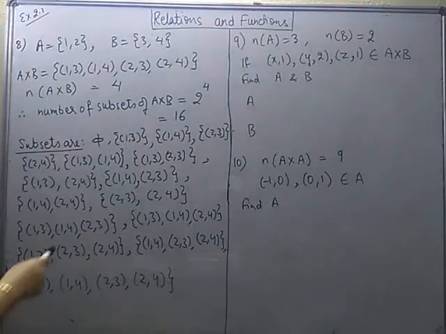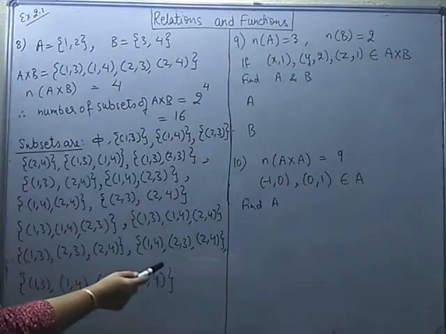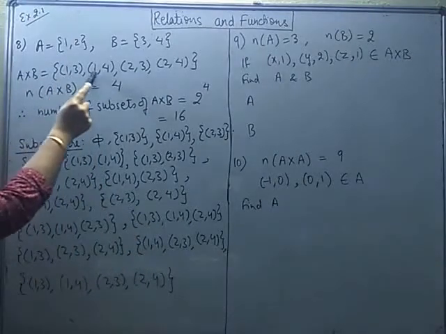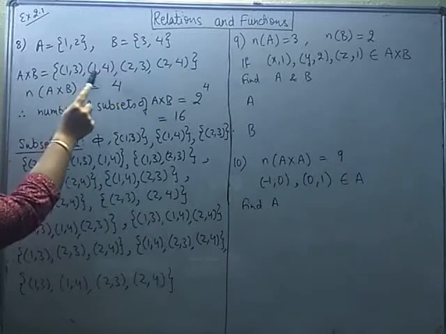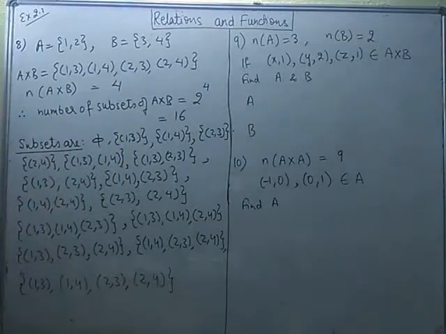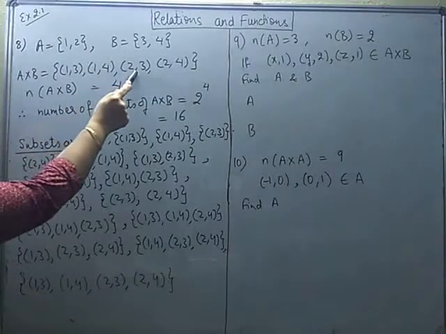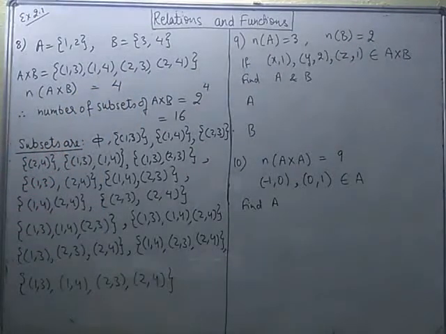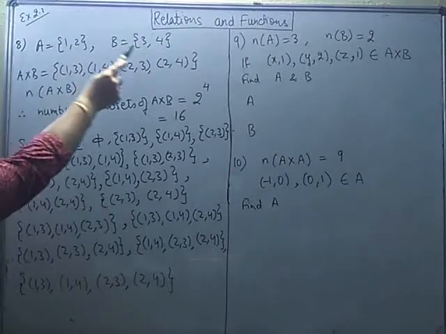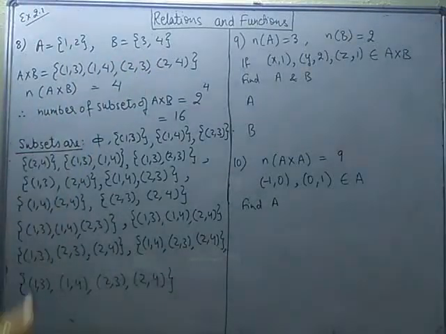See, there are 4 such possibilities. First we took 1, 3, 1, 4, 2, 3. Then we took 1, 3, 1, 4, 2, 4. So these 2 are done. And then we also took 1, 4 with 2, 3 and 2, 4. And then another one which was left out, it was 1, 3, 2, 3 and 2, 4. So 4 such sets with 3 pairs.